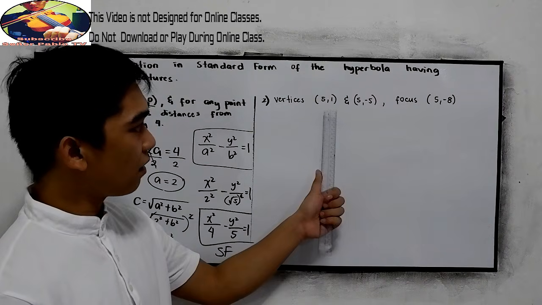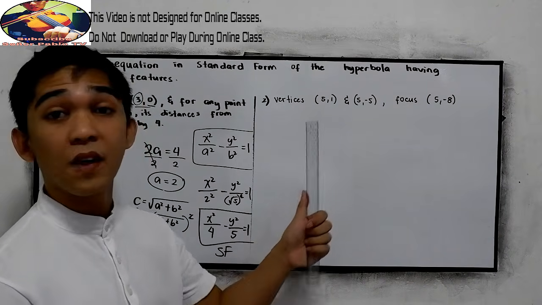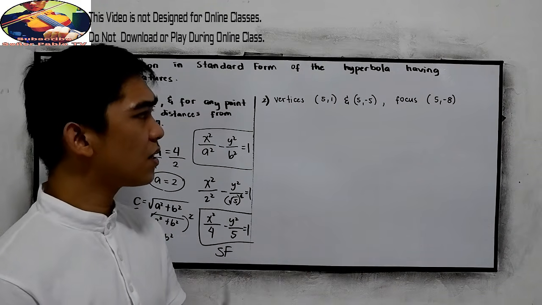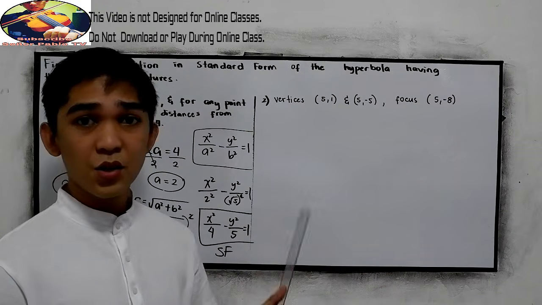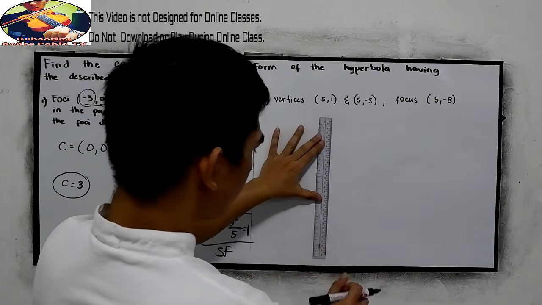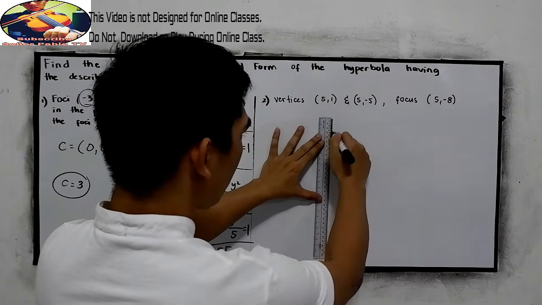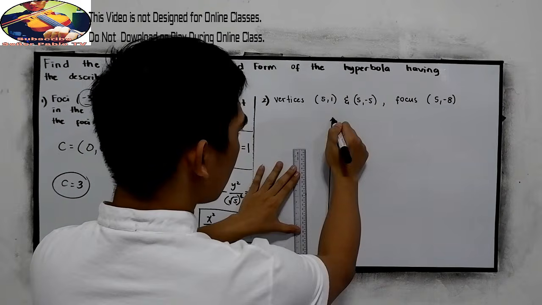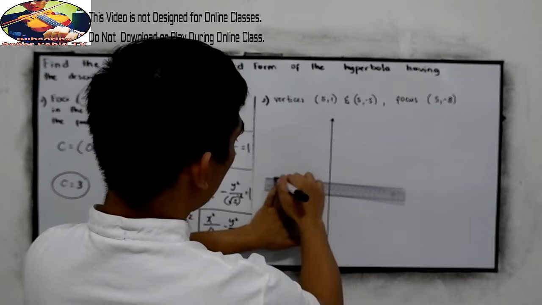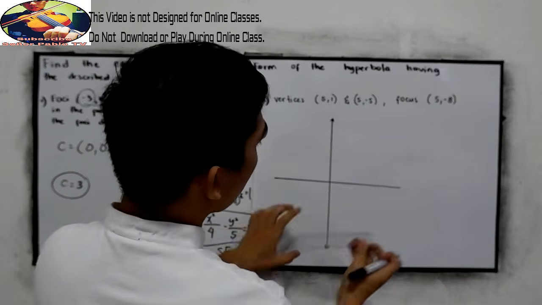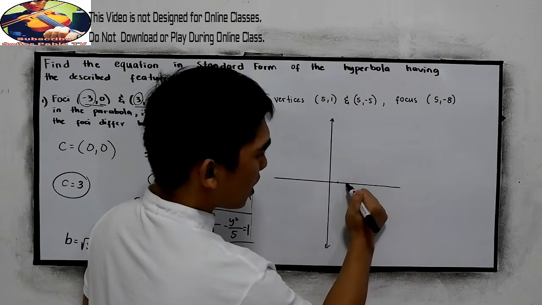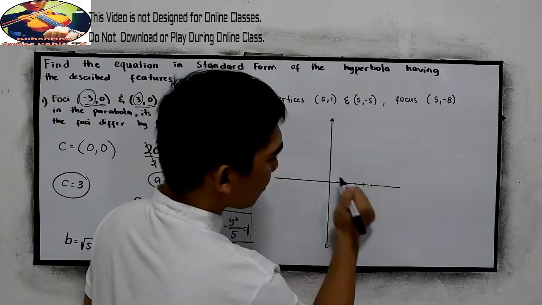So notice that our center is at h, k. To solve this, we can graph first so that we can find a, b, and c. 5, 1. 1, 2, 3, 4, 5, and 1.